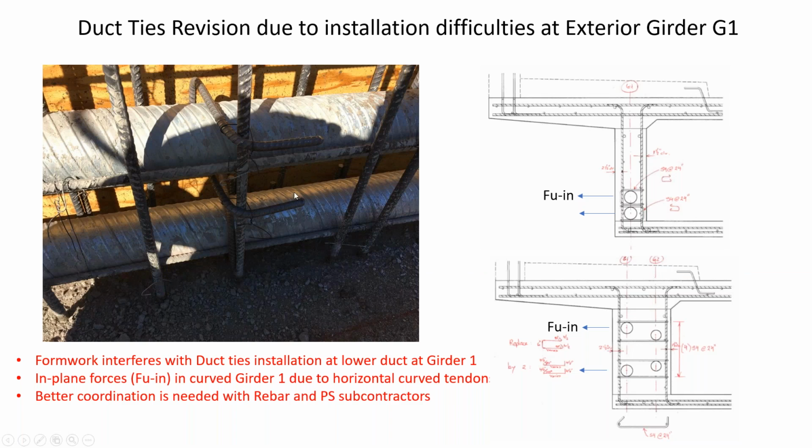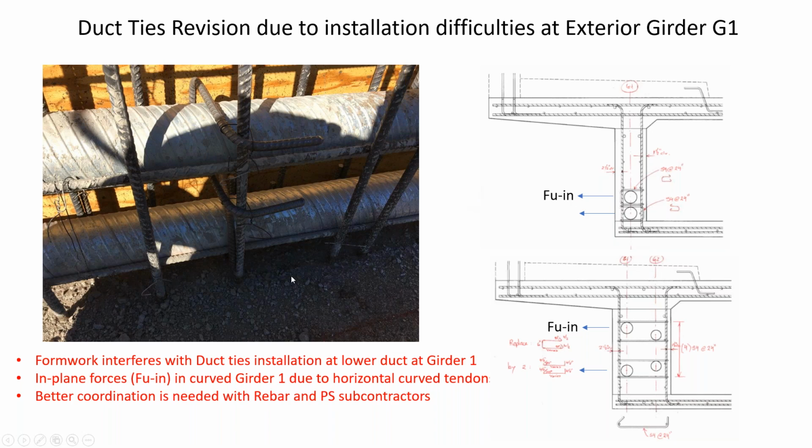There were some details that we had to modify during construction, like these ties that go around the post-tensioning ducts. The contractor was not able to install these at the bottom tendon, so we had to make some field adjustments.